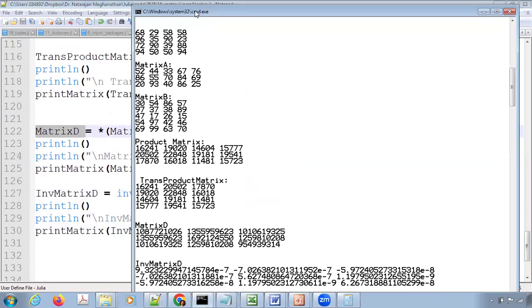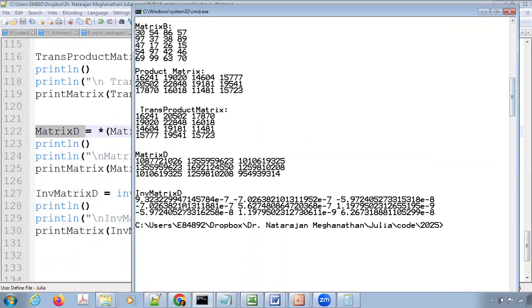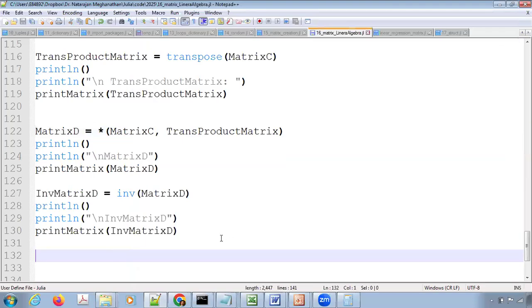That's a square matrix. And for a square matrix, we can find its inverse. And the inverse is going to have very small entries. Okay, it's natural for the inverse to have small entries for a matrix D with very large entries. Now, if you're curious, you could just multiply these two and see what it comes up with.